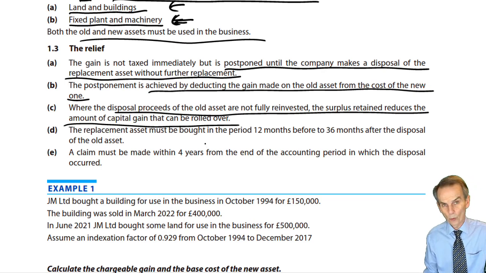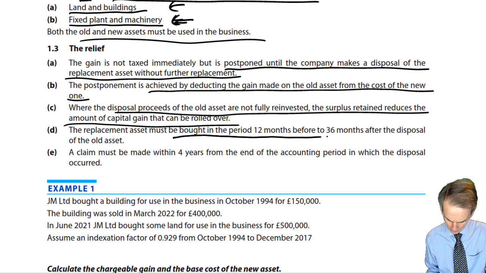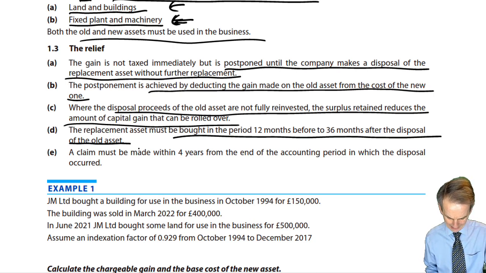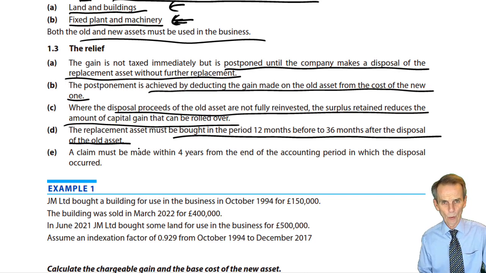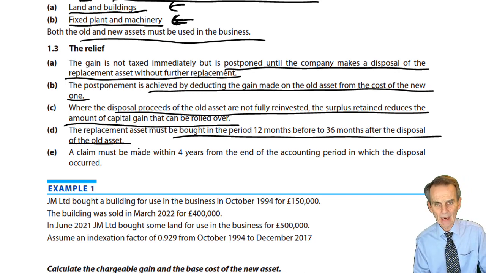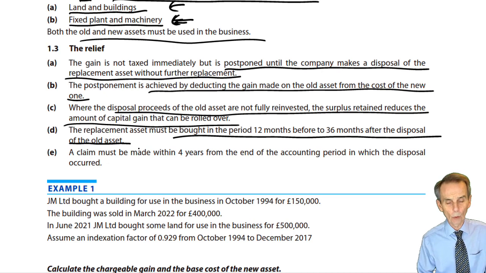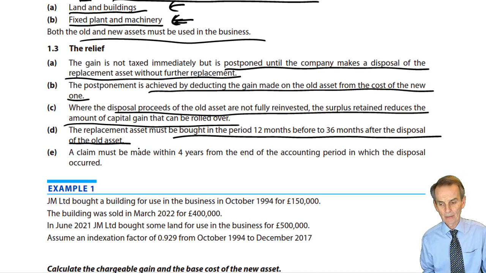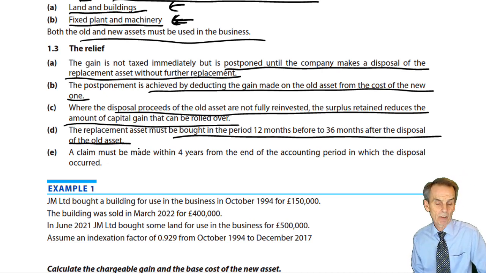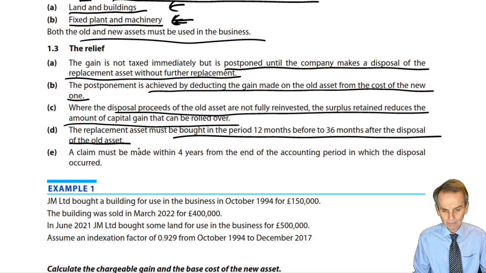We've said about the 4-year window of opportunity available. It's got to be bought in the period 12 months before to 36 months after the disposal of the old asset. So it doesn't have to be all at once. The reinvestment can be up to 12 months before the sale has occurred, which might sound odd, as we said before back in chapter 14, but it's probably the most common situation.